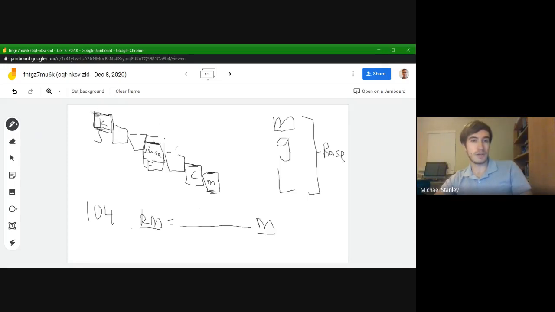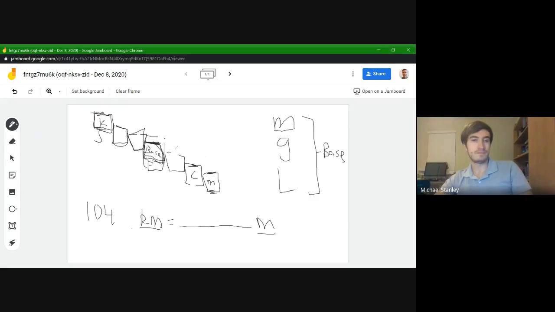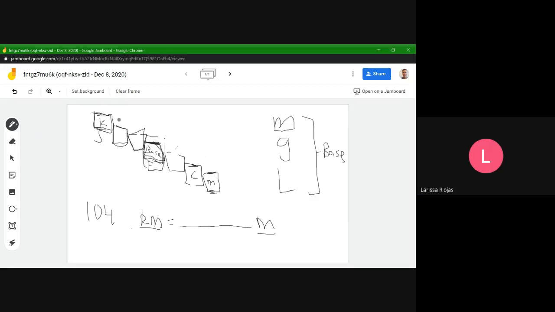We have kilometers right here. Then we have this step. Then we have this step. Then we have our base right here. So it starts at kilometers. Is that right? Yep. So we would move it 3 to the right.